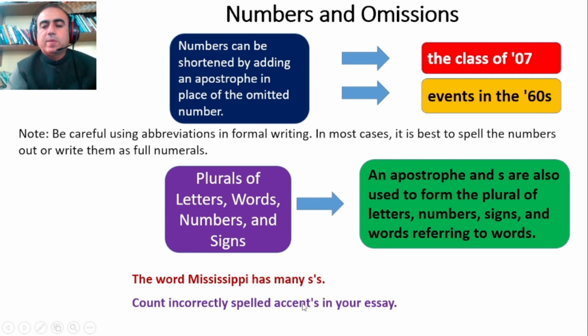So how many times has it been incorrectly spelled? You would say count incorrectly spelled accent's. Maybe you use this word 10 times, and out of 10 times, 7 times the spellings were incorrect. So you would count 1, 2, 3, 4, 7 times it was incorrect. In that case, it is not the possessive case, rather it is the plural case. It means 7 time accent, 4 time accent.